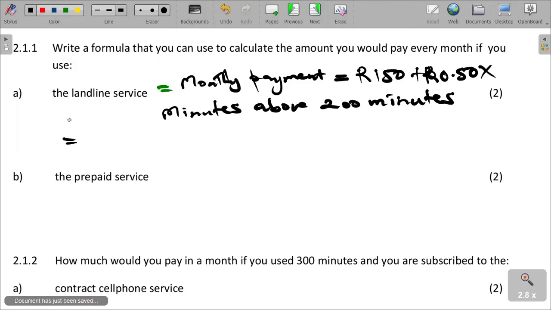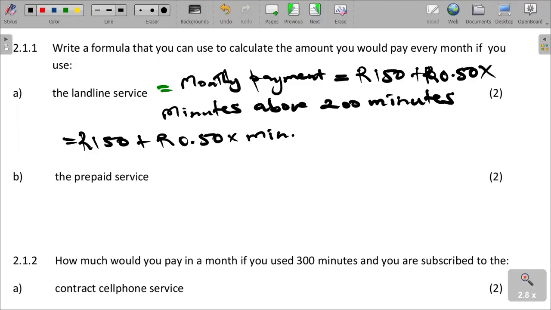So that is to say 150 rand, 150 plus the 50 cents multiplied by the minutes above 200 minutes, because if it is below 200 minutes, it is on free charge.